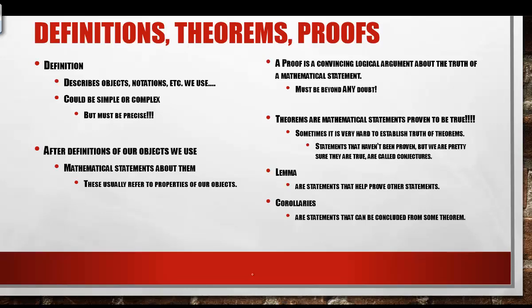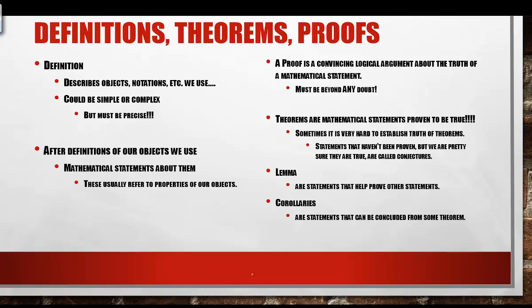Mathematically speaking, a definition is what describes an object or a notation that we use. Definitions could be simple, such as a definition of a set, effectively a list of elements belonging or having certain properties, and that groups them.